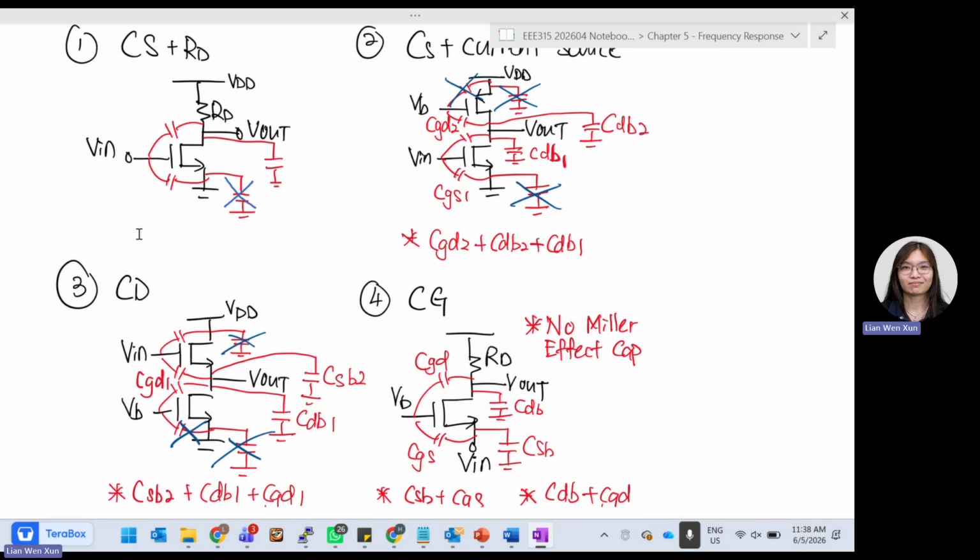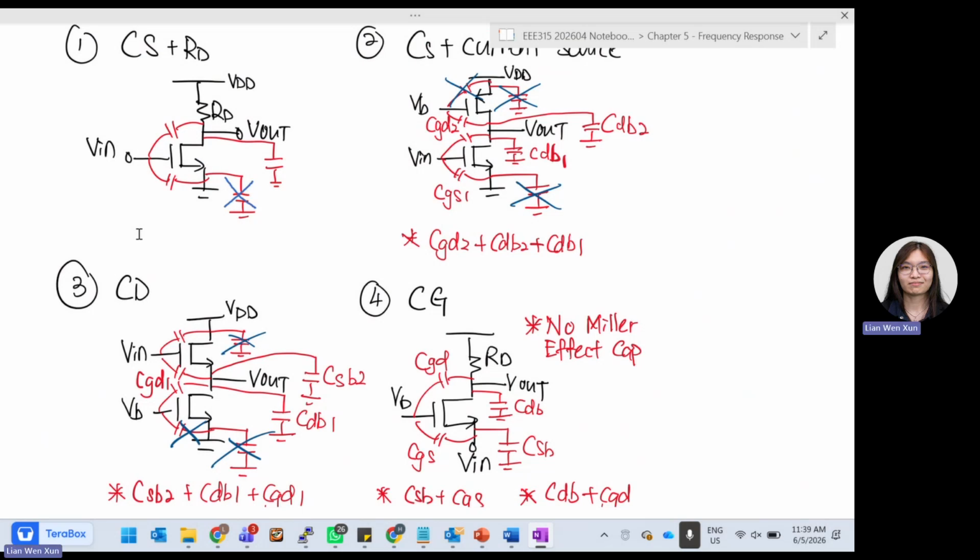So this is the first circuit. I want you to draw out what capacitors are left in the end and how you can combine them. The other circuit is... check how many capacitors are left.